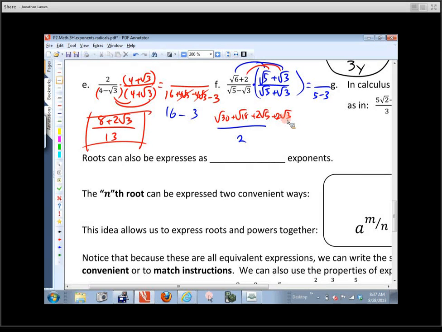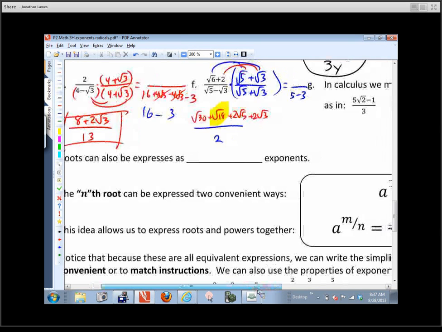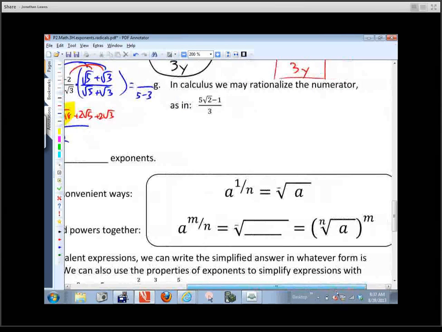And can you simplify any of those? Not this one, not that one, and not that one. You can simplify that one, okay? So before you circle that and say I'm done with it, you'd want to make sure you simplified that all the way, okay?